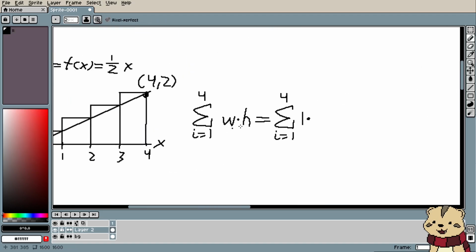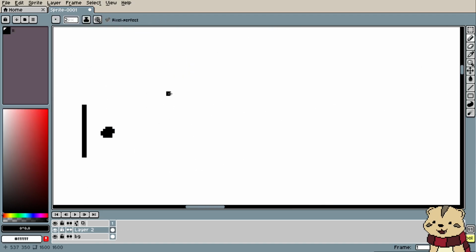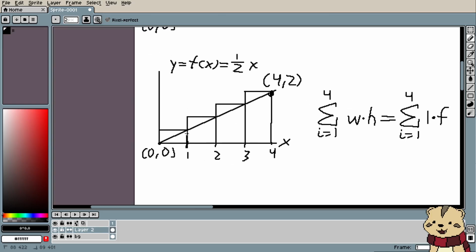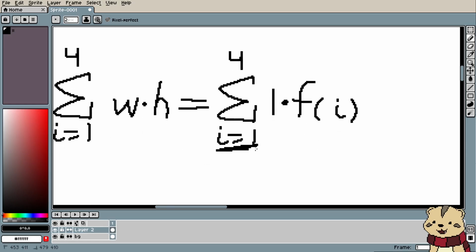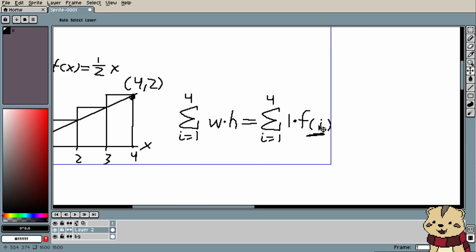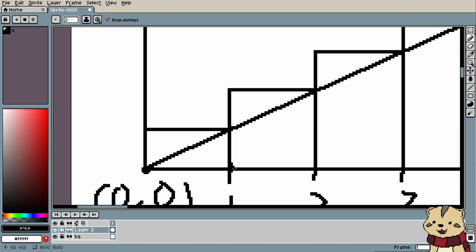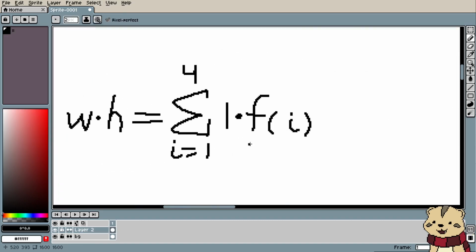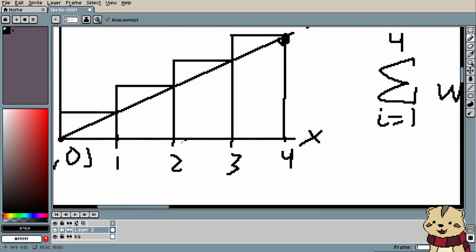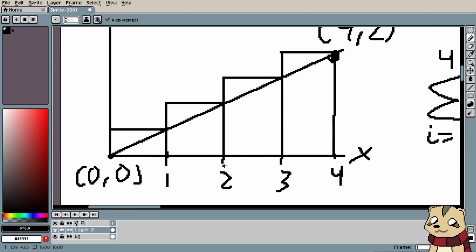The height is just going to be whatever our function is, because the function is the height here of i. Because if you plug in i equals 1 here, that's f of 1. So that's the y value of x equals 1, which is here, which is what we want, the height. And then when we go up to i equals 2, we get the height of this rectangle, and so on.